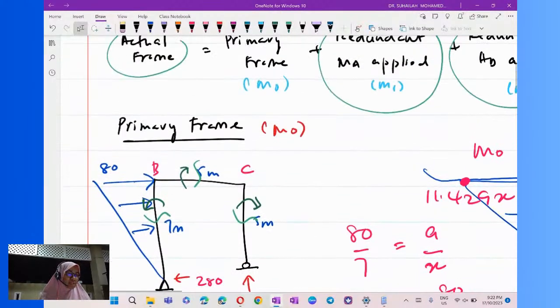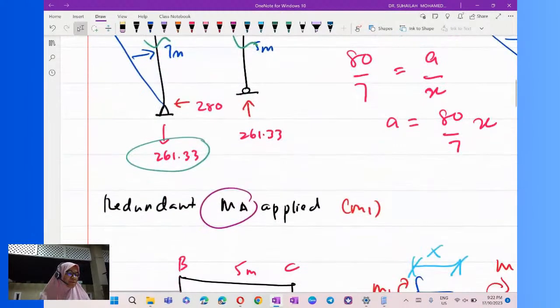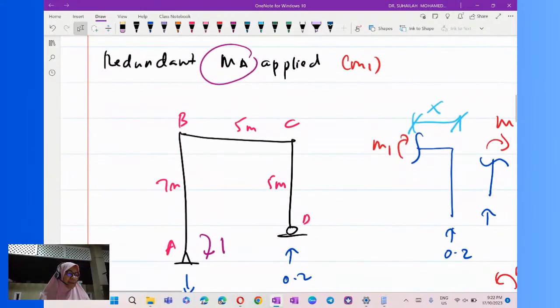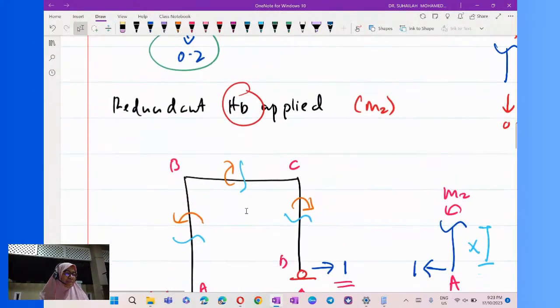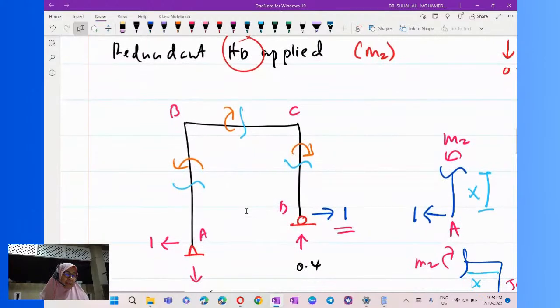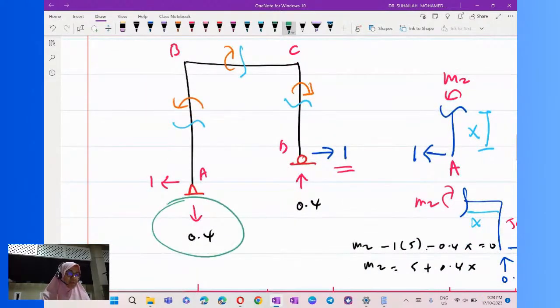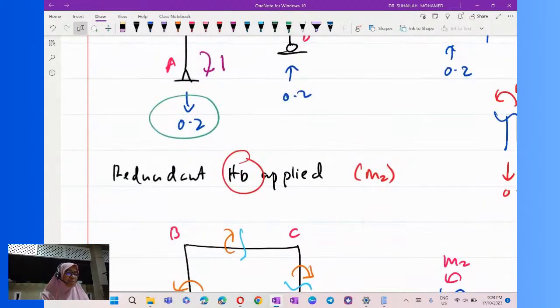Following the equation, we have to add the redundant MA applied, which is negative 0.2. This negative 0.2, we have to multiply with MA, the value of the redundant, plus AY in redundant HD applied, and this value we have to multiply with the HD value.